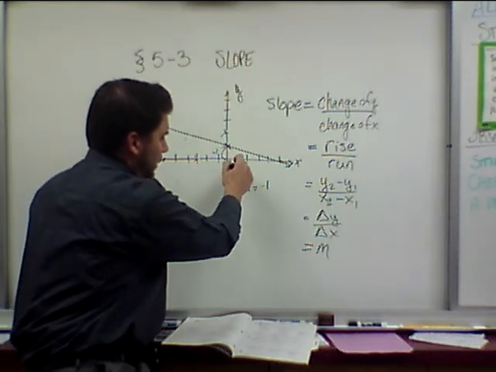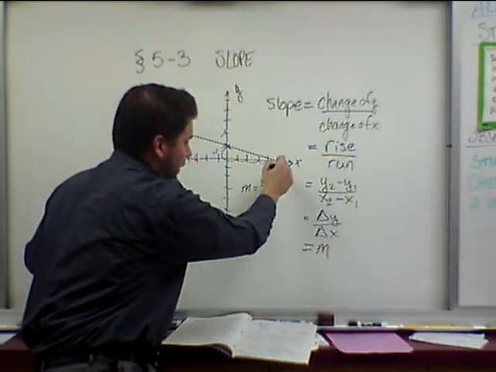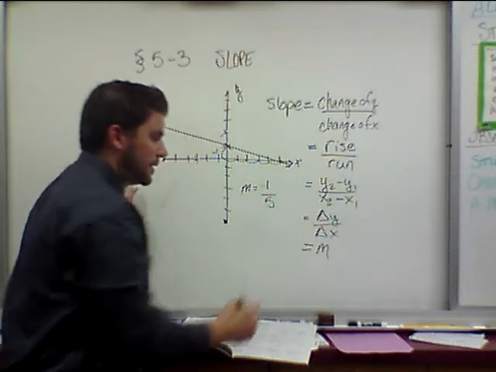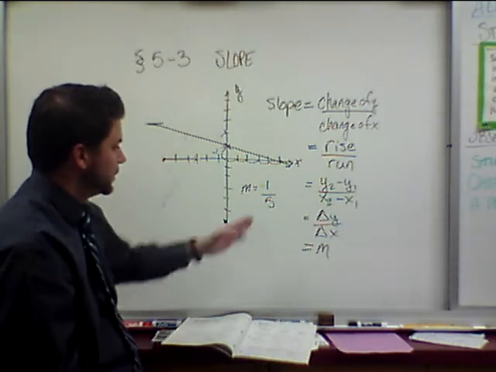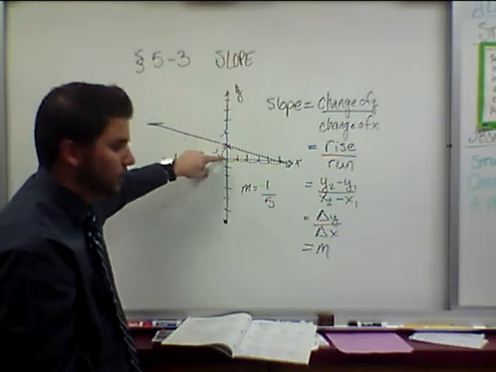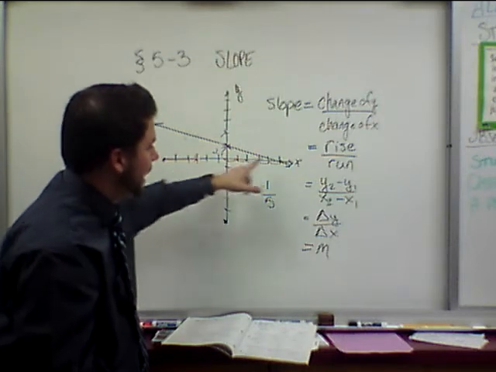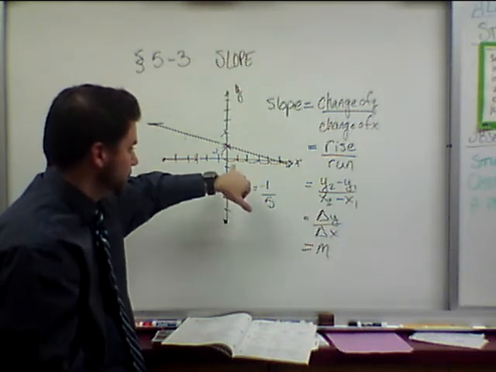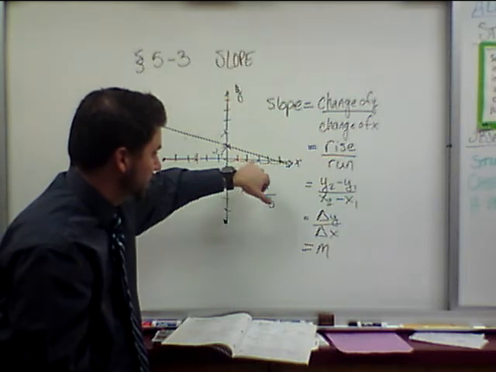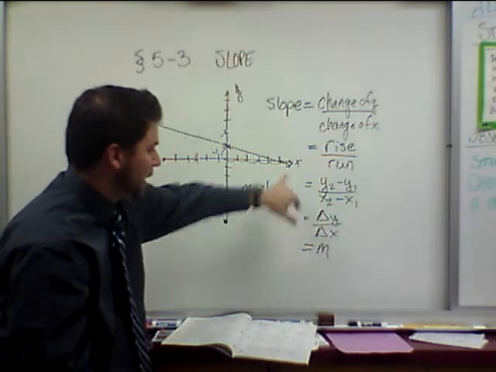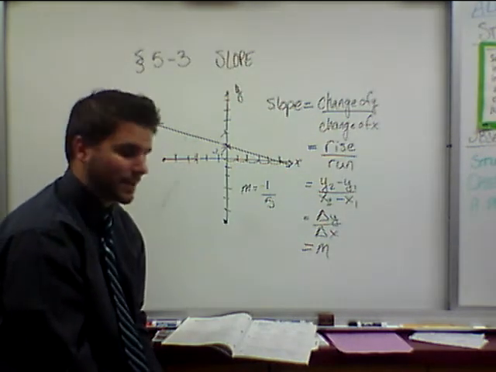And then I'm running 1, 2, 3, 4, and 5. My slope for this line should be m equals negative 1 over 5, because I'm going down 1, and right 5, going 1, 2, 3, 4, 5 across on the x-axis.